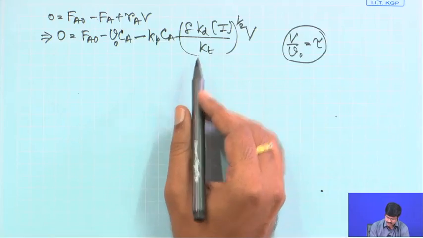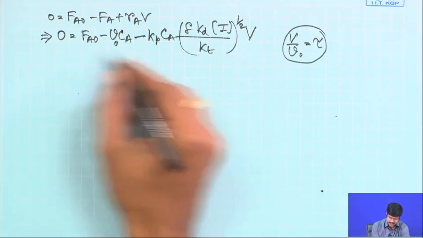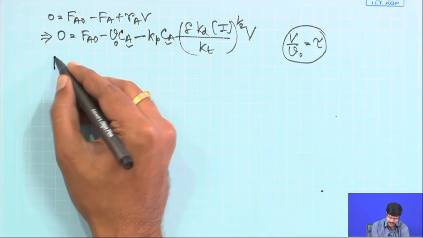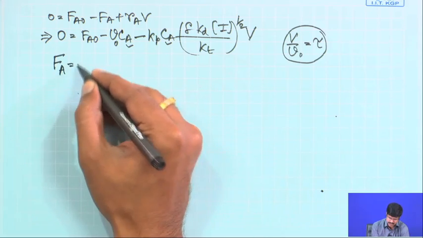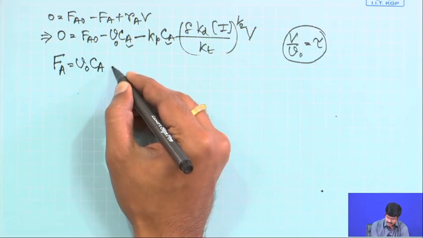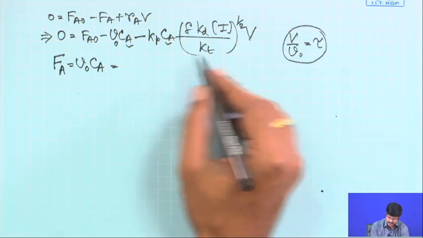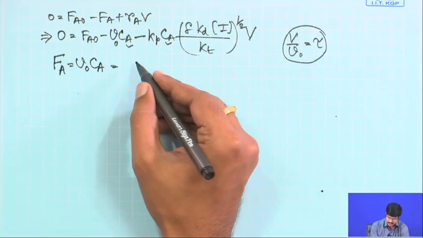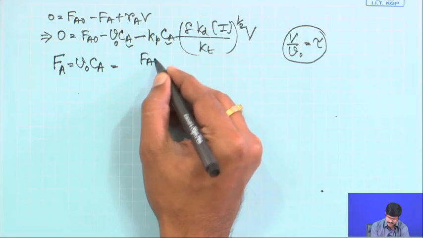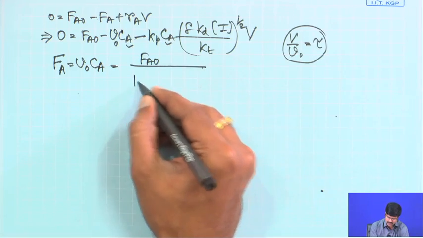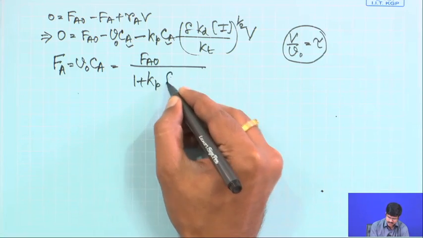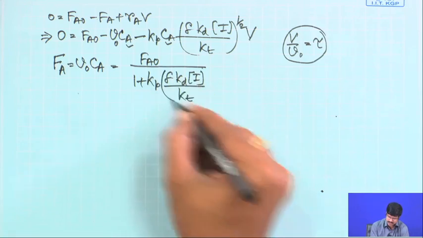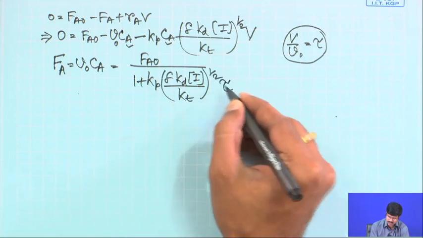If you take that into account, you can get an expression of Ca from here, and if you remember again that Fa is basically V0 into Ca, then you can replace the expression of Ca from here. The final expression that you will get is something like this: Fa0 divided by 1 plus Kp into f Kd I divided by Kt to the power half into tau.